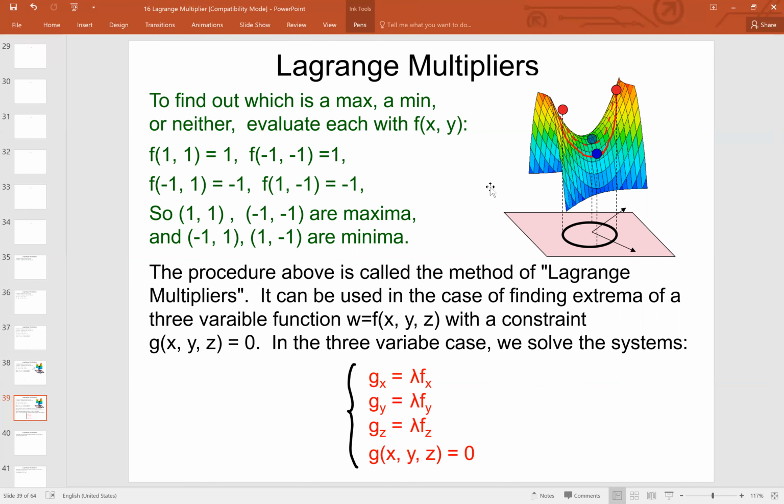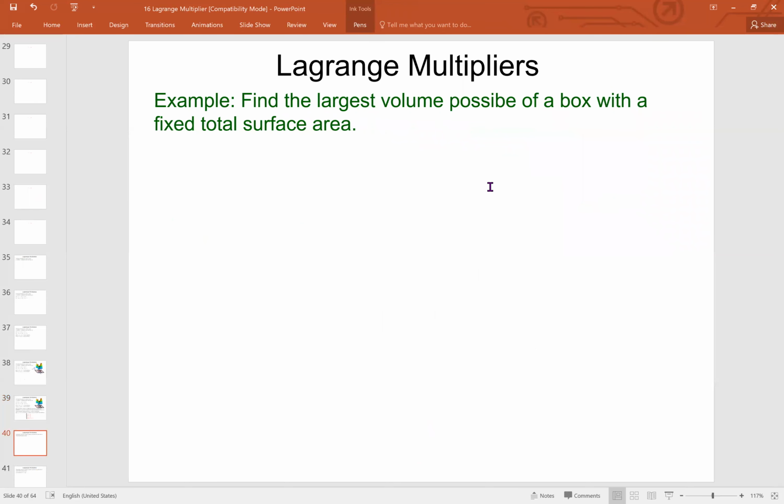The gradient has to be the multiple of the other one, so the partial x has to be the multiple, partial y has to be a multiple, z has to be a multiple, plus this original constraint, x, y, z must satisfy g(x, y, z) equals 0. This is the list of equations, and you try to solve it.